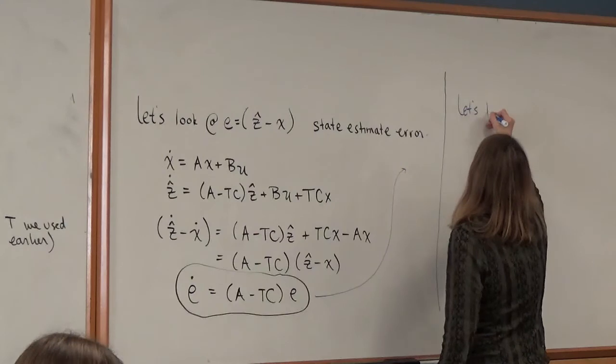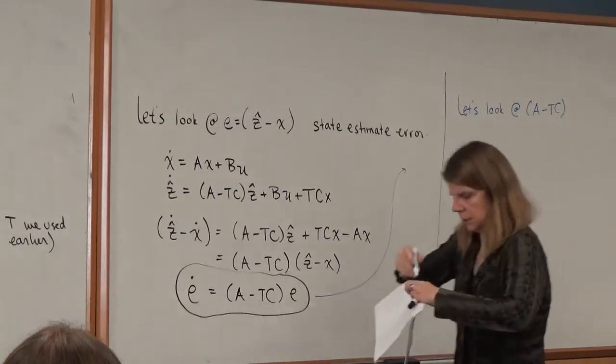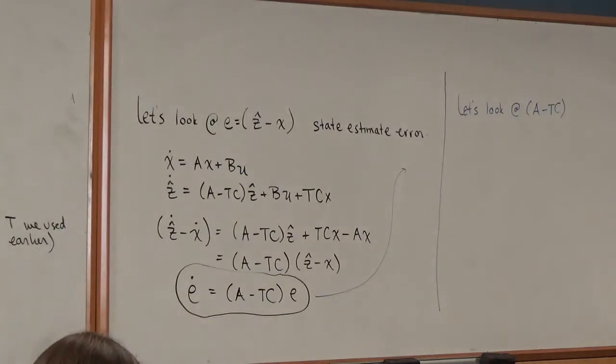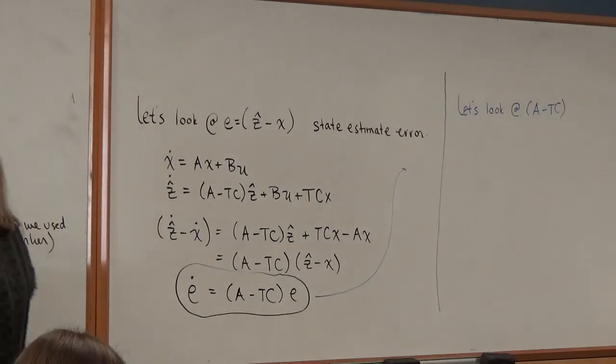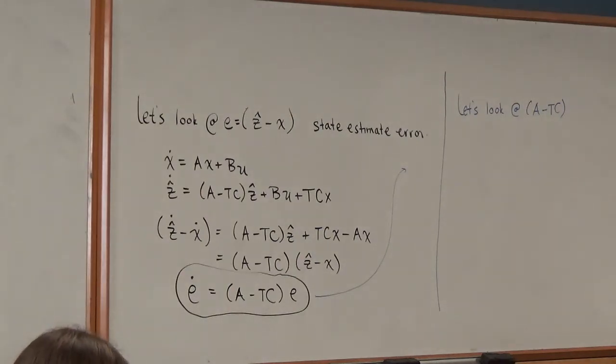Let's look at A minus TC, at this board over here so everyone can see. Just to review, we've got this error system: E dot is A minus TC E. A is an n by n matrix. C is an n out by n dimensional matrix.